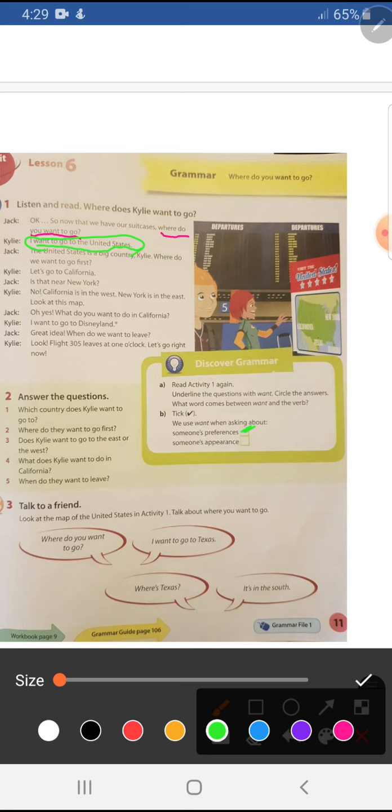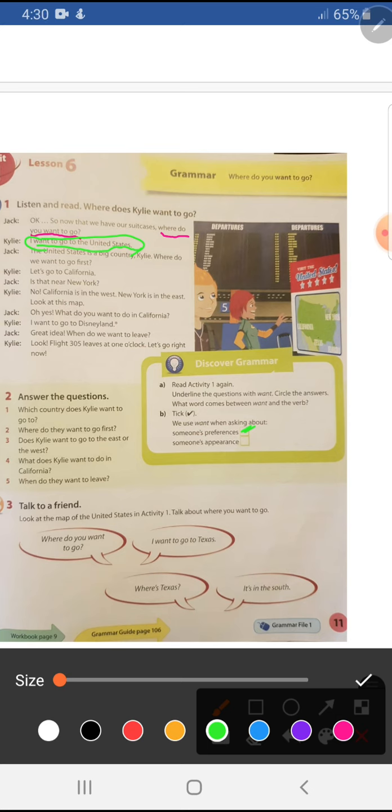She answered that she wants to go to the United States, to California. Why does she want to go to California? To visit Disneyland. And California is in the west and New York is in the east.